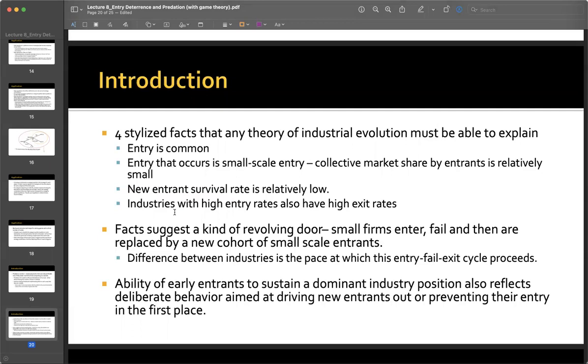New entrant survival rates are low. And industries with high entry rates also have high exit rates. Here, the ability of early entrants to sustain a dominant industry position also reflects deliberate behavior aimed at driving new entrants out or preventing their entry in the first place.